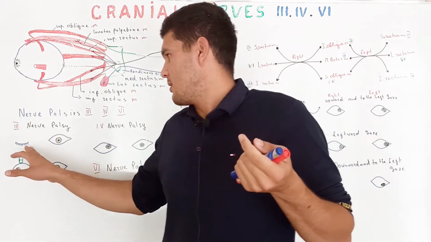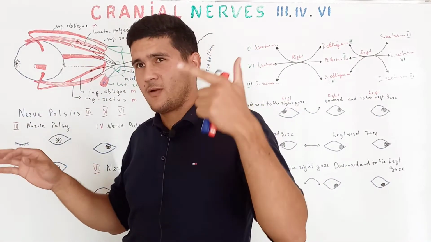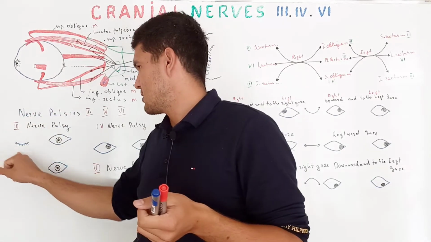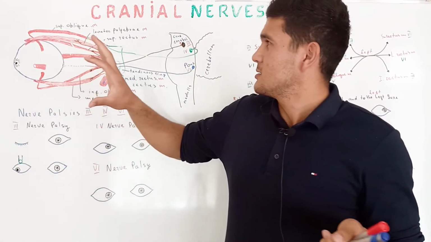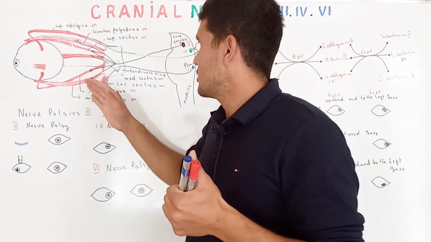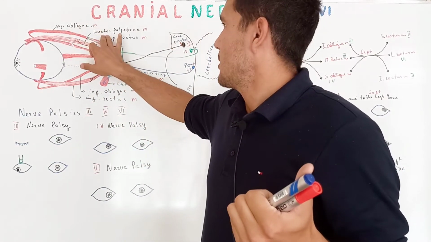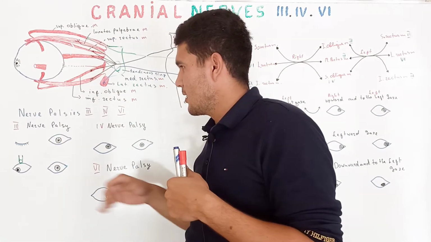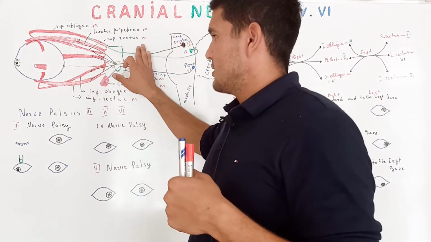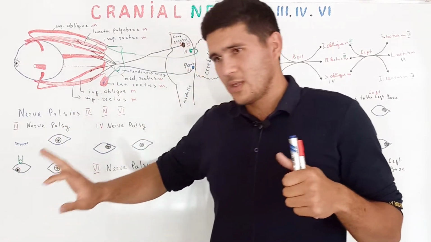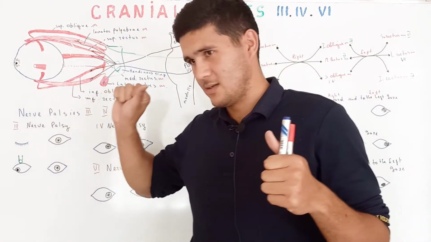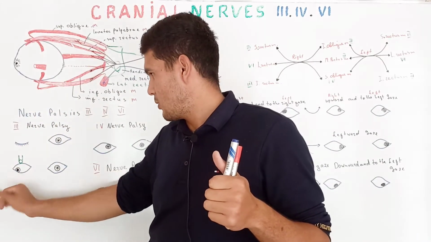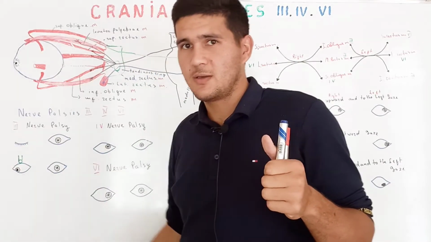Okay, and the main reason for the drooping of this eye is the inappropriate function of the levator palpebrae muscle. You know, the levator palpebrae muscle is innervated by the oculomotor nerve, and when you open the eyelid with your hands, you can watch the dilation of the pupil.